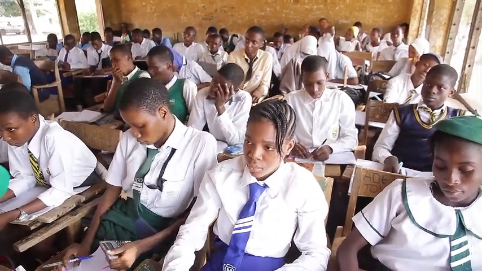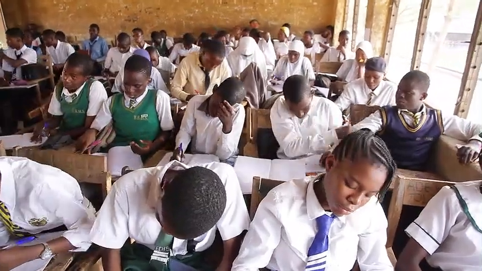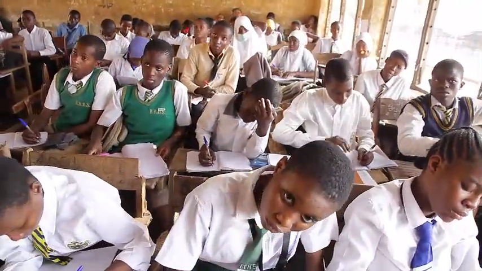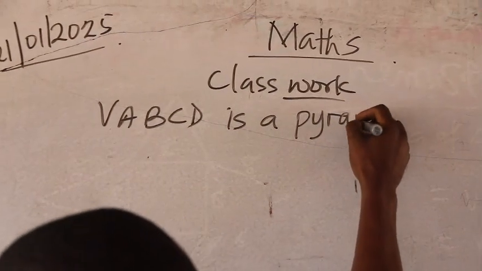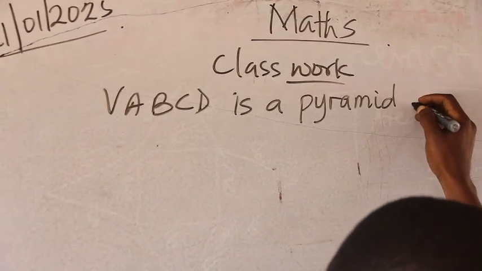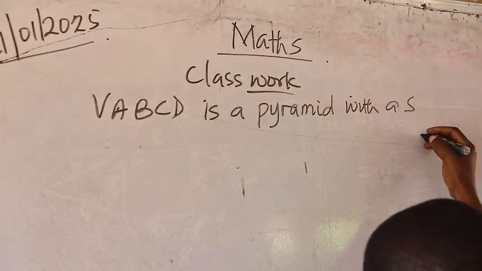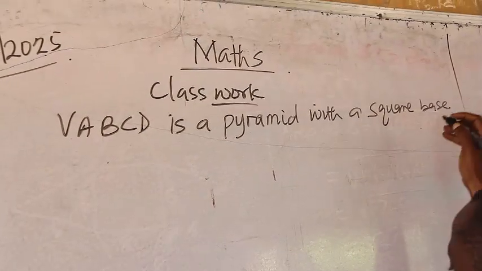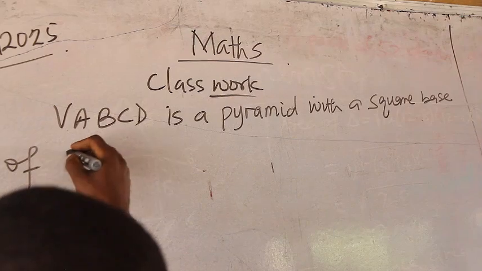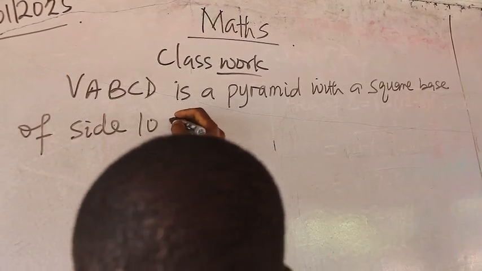Now the question is B, last block. VABCD is a pyramid with a square base of side 10 centimeter.